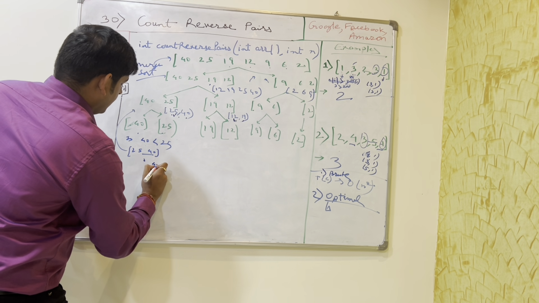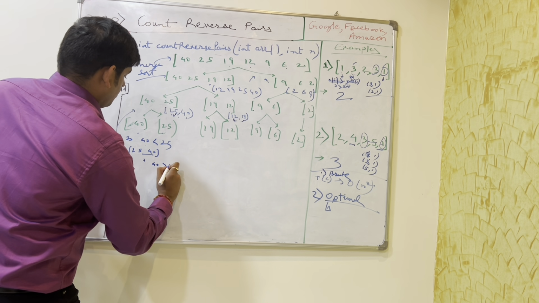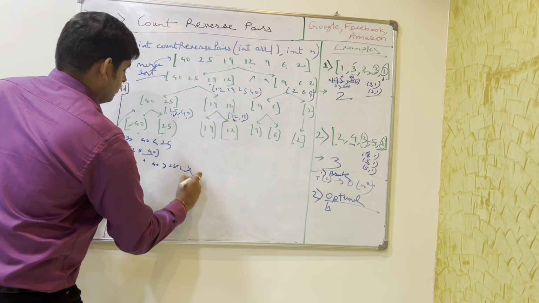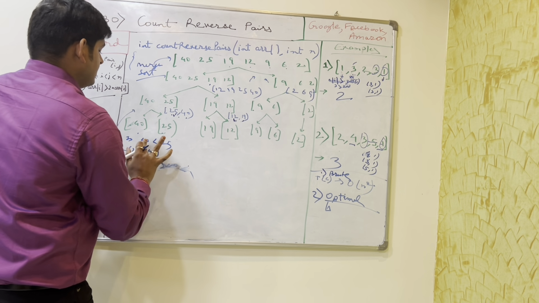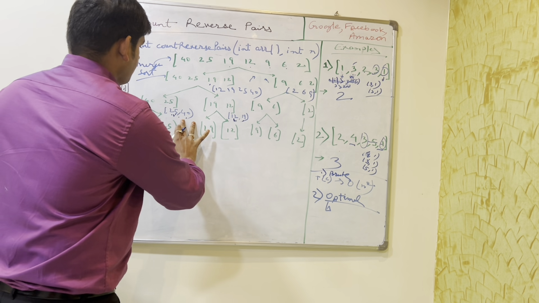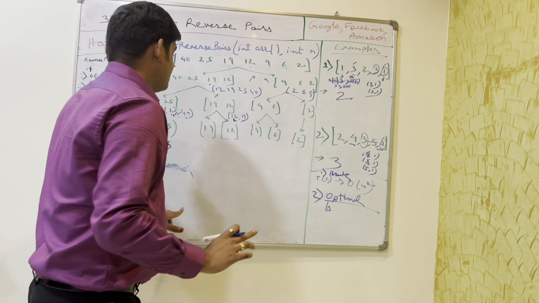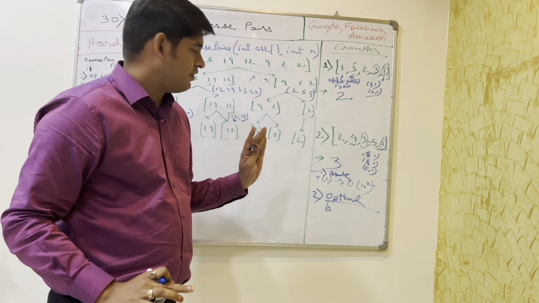So is 40 greater than 25 into 2? No, it's not. So 40 and 25 can't be a reverse pair. Similarly, 19 and 12 cannot be a reverse pair because 19 is not greater than 12 into 2.